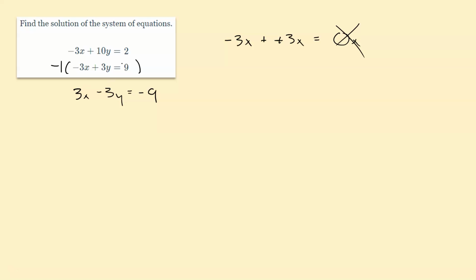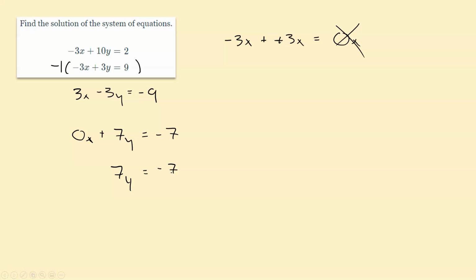And then we can go ahead and combine our first equation and our second equation like we normally would, by adding. So we'd have negative 3x plus 3x is 0x. So we eliminated our x variable. 10y minus 3y is 7y. And then 2 minus negative 9 is negative 7. So we ended up in the same spot. 7y equals negative 7.